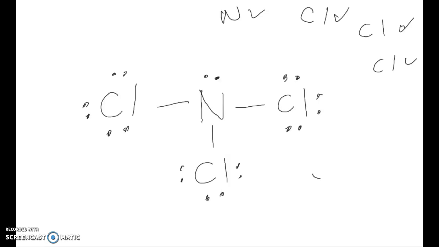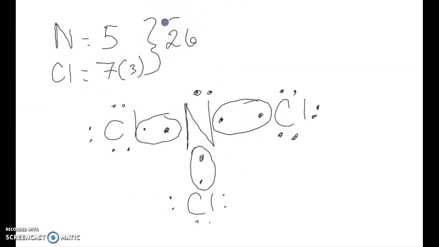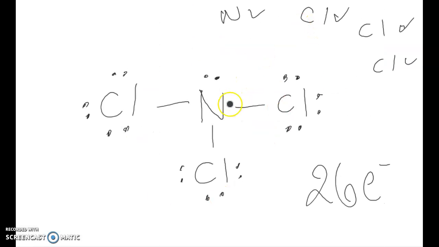And I needed a total of 26 electrons in order to fulfill that one particular Lewis structure. If I go back, yes, I needed 26. So that is how you go about drawing your Lewis dot structures for covalent bonds.